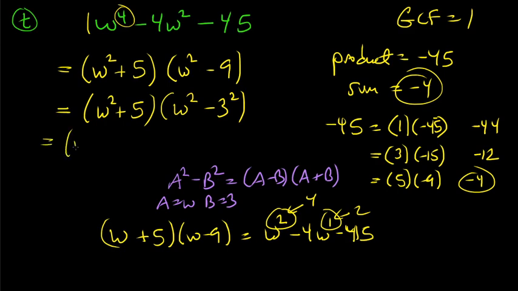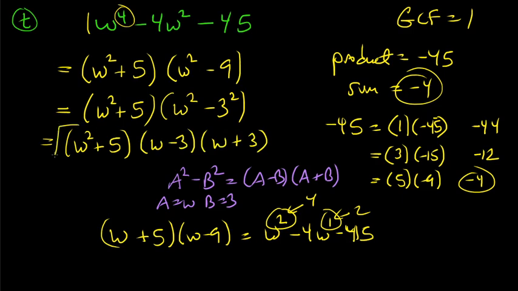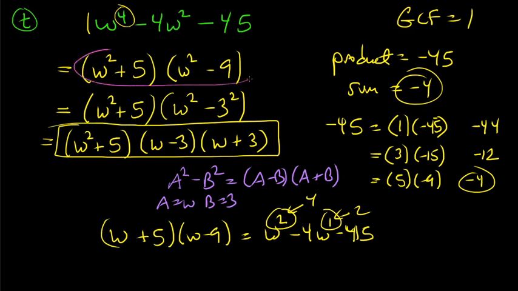We'll leave the w squared plus 5 alone, but w squared minus 3 squared is (w − 3)(w + 3). And now we're done. So again, don't leave it like this because you'll only get partial credit. It's not factored completely. The w squared minus 9 is the difference of squares. It's an a squared minus b squared problem, as I just showed you here.